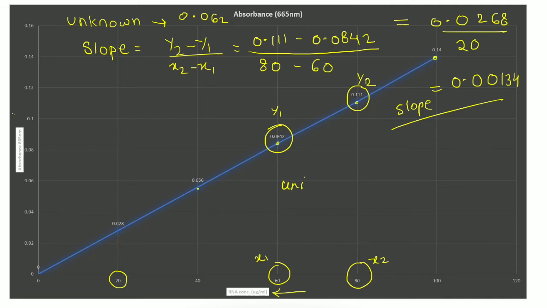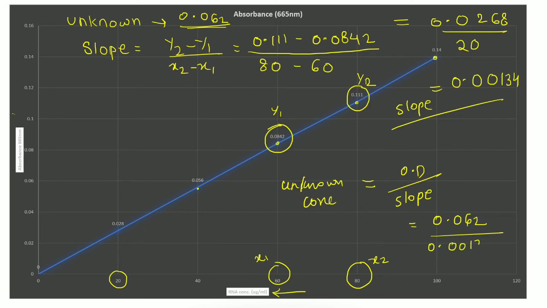To calculate the unknown concentration, you can use the formula OD divided by slope. Your absorbance, your OD, is 0.062. So 0.062 divided by the slope, that is 0.00134. The answer will be 42.26.